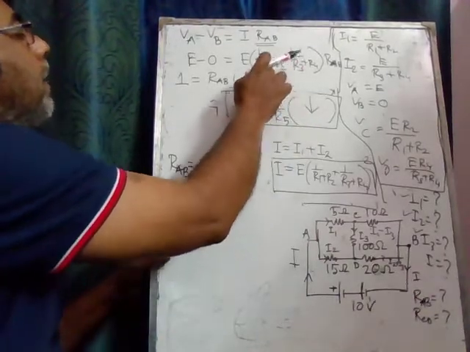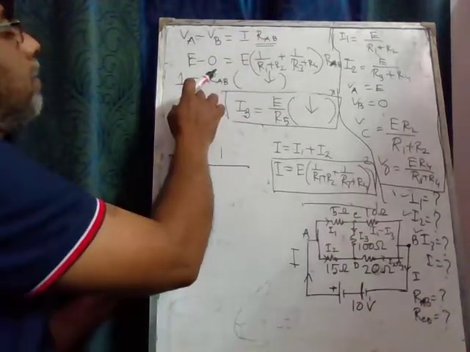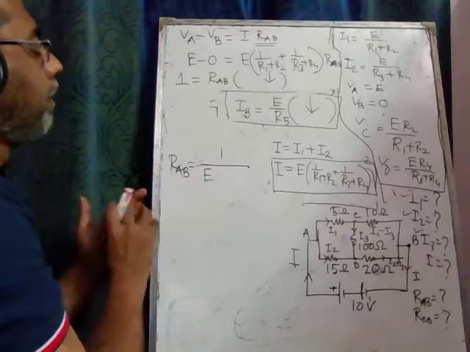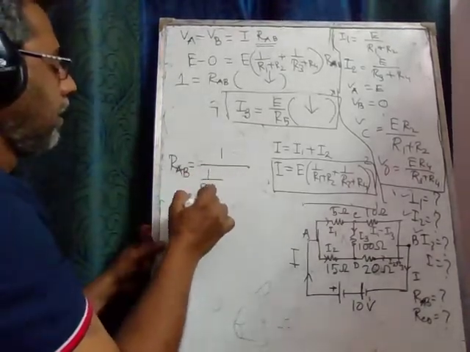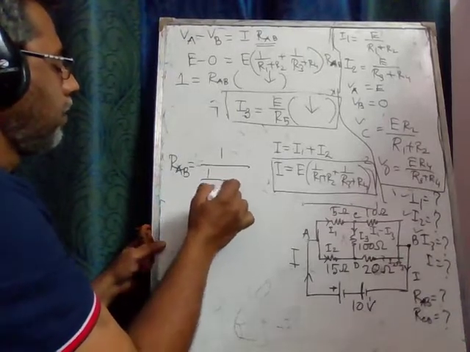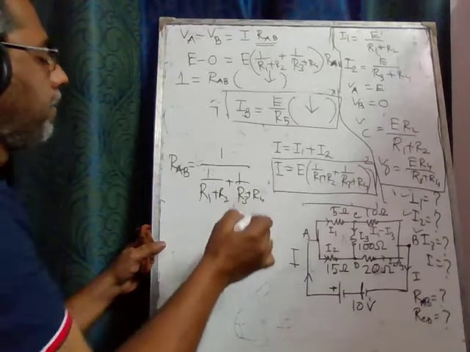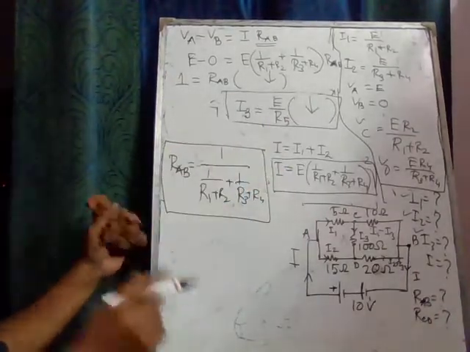So from here, this RAB is nothing but 1 over 1 by R1 plus R2 plus R3 plus R4, right? So this is the expression for RAB.